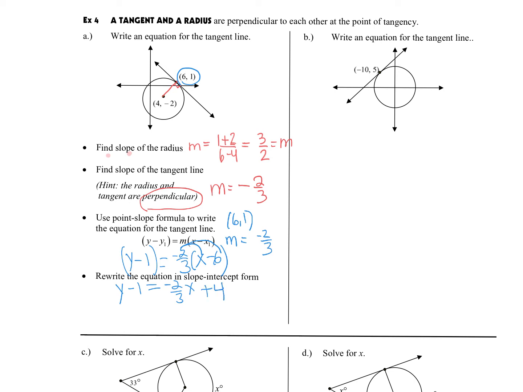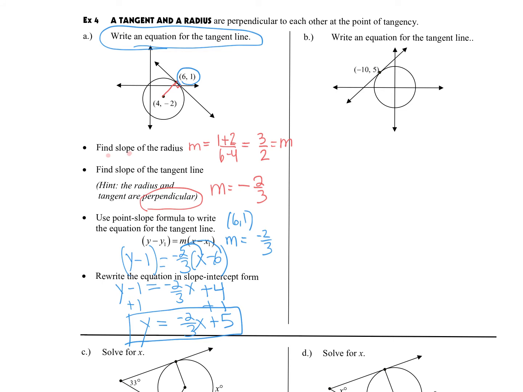And then I'm going to have to take this minus 1, move it to the other side by adding 1, and we have y equals negative 2/3 x plus 5. So that is the equation for the tangent line.